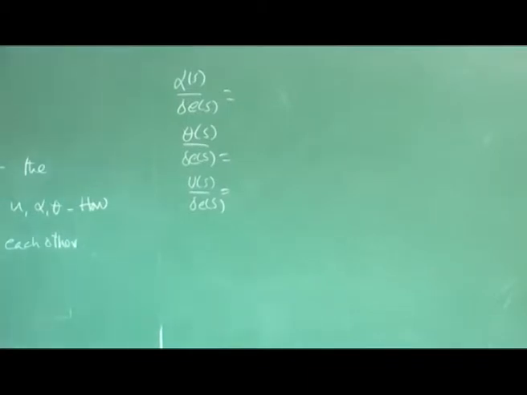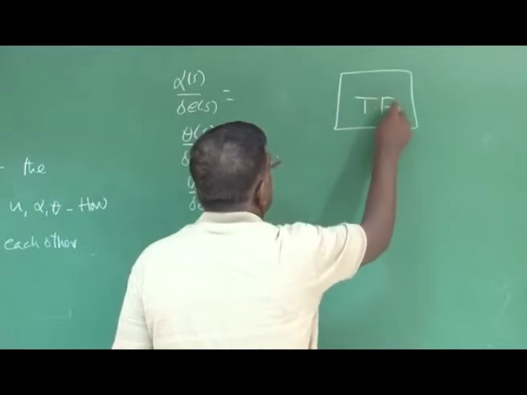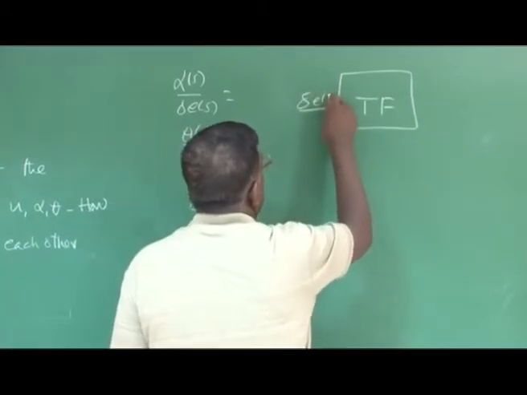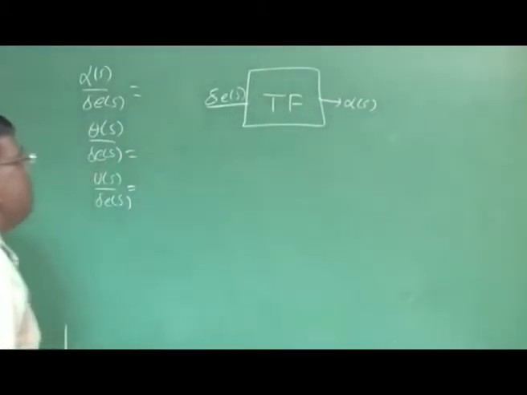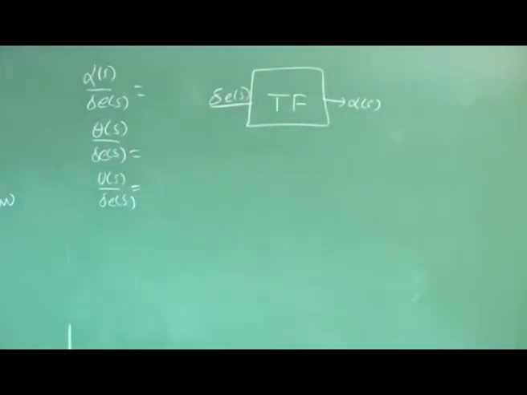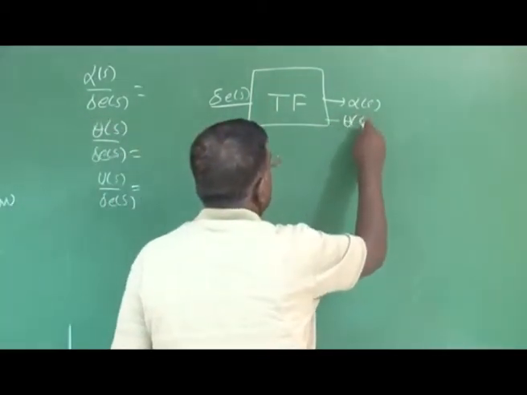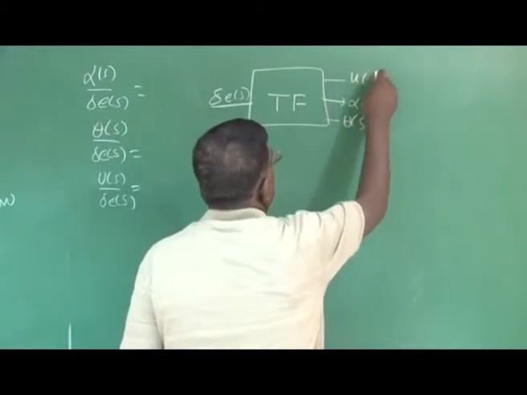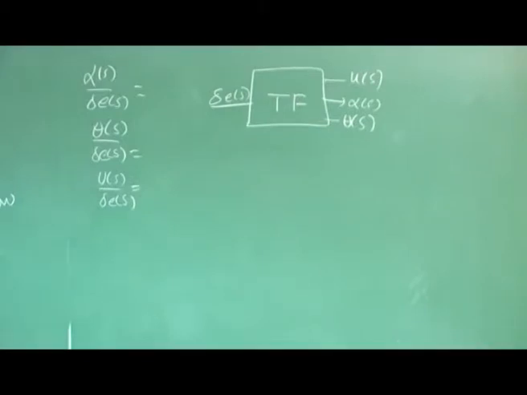And what does it tell you? That if I have an aircraft system, this is a transfer function. If I give a delta E of s, I know what will be the output alpha of s, right? This is input output. Similarly, for this delta E of s, what will be theta of s? Similarly, what will be u of s? Right? This is typically longitudinal motion.